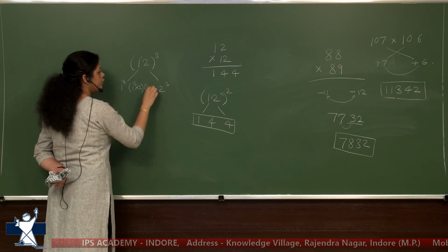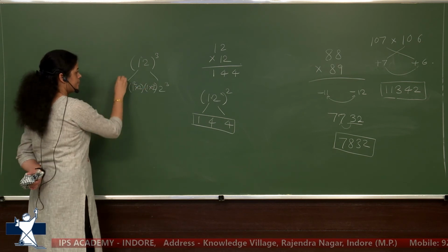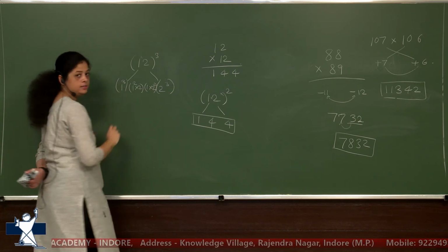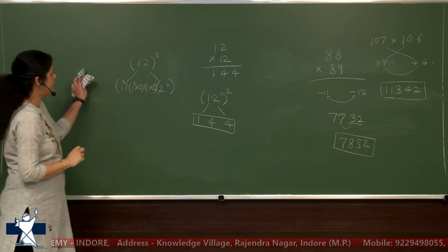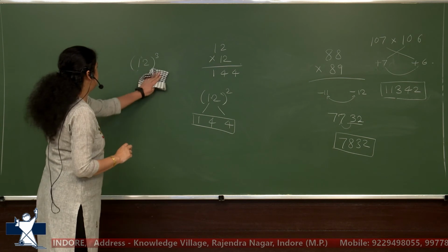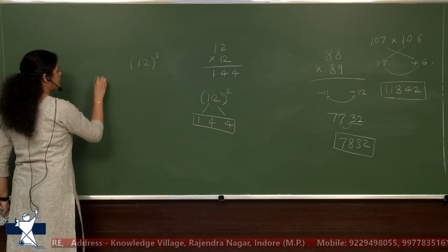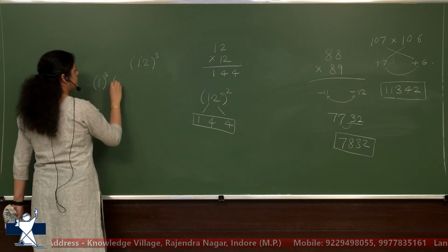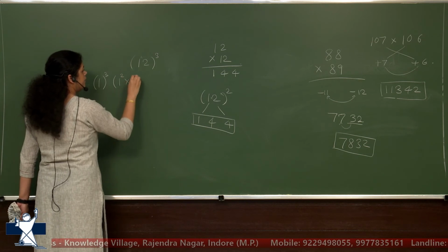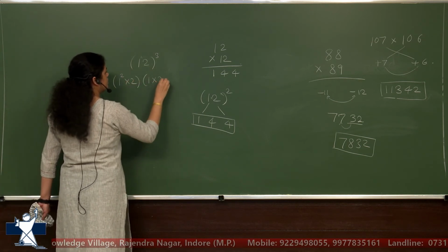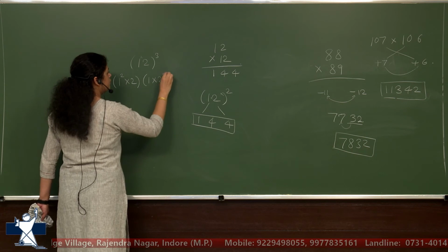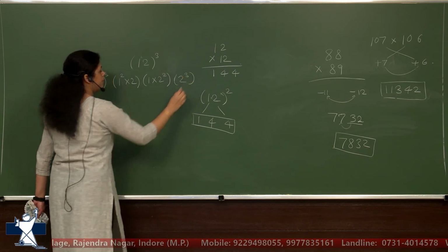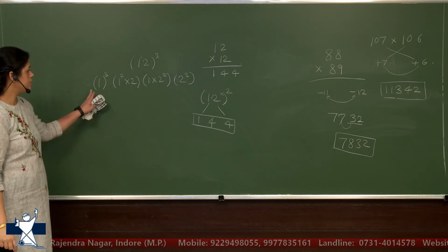And यहाँ पे 1 into 2 square. So we have 4 brackets to find cube. Okay, I'll write in the first bracket, second bracket, third bracket, fourth bracket. This is how we will divide.